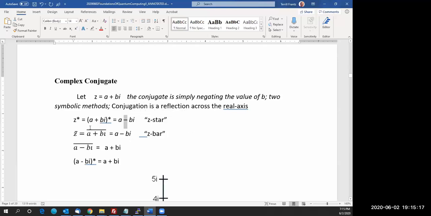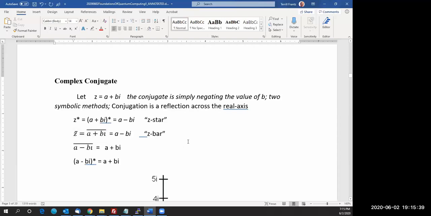So one thing to get in our minds is the standard form of writing it: you would refer to it as Z star or Z bar. If you wanted the conjugate of a plus bi, you could place that in parentheses with a star, or in some books they'll put a bar over the top.